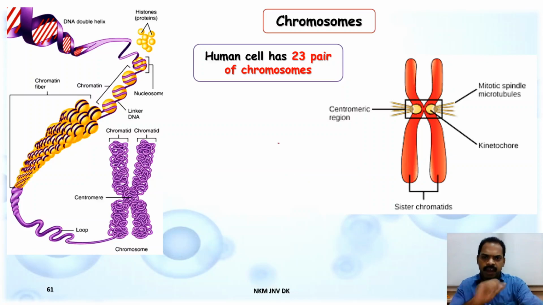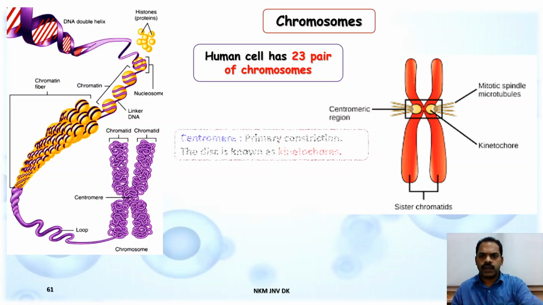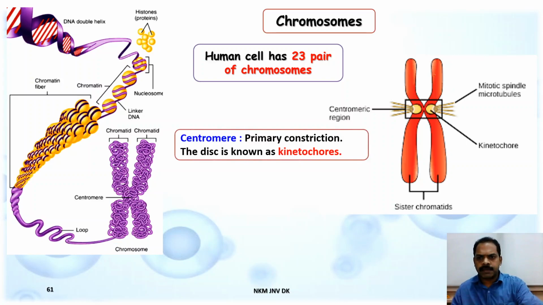Now let us see the parts of chromosomes. You can see chromosomes having arms. These are called arms of chromosomes, called chromatids. Where they are joined, that area is called the centromere.